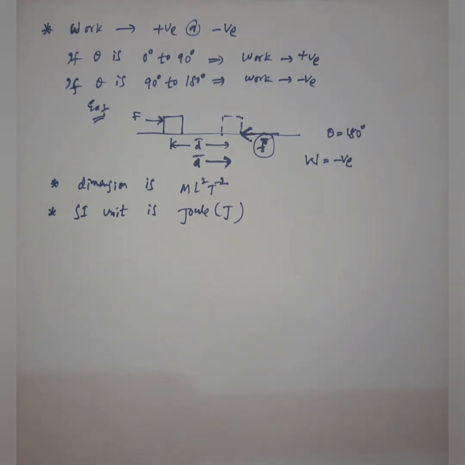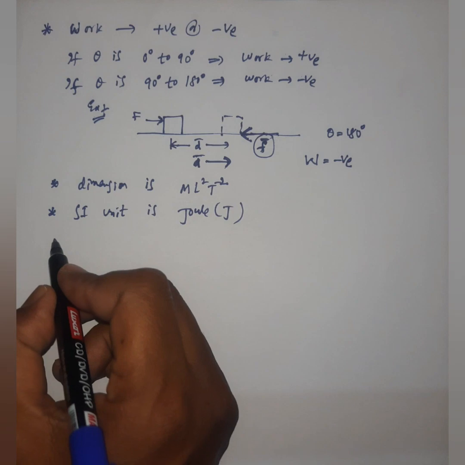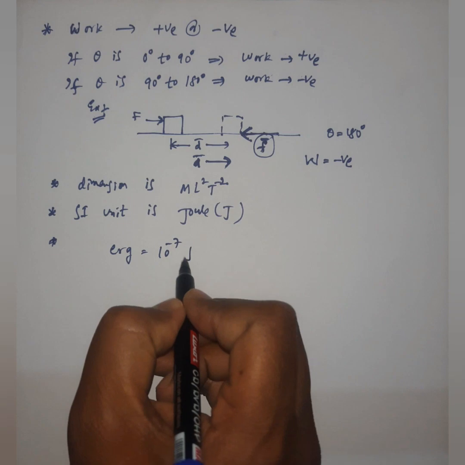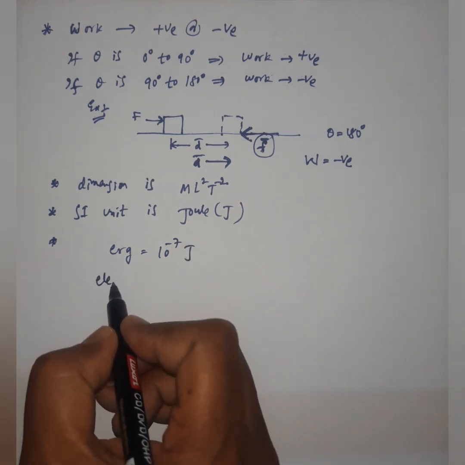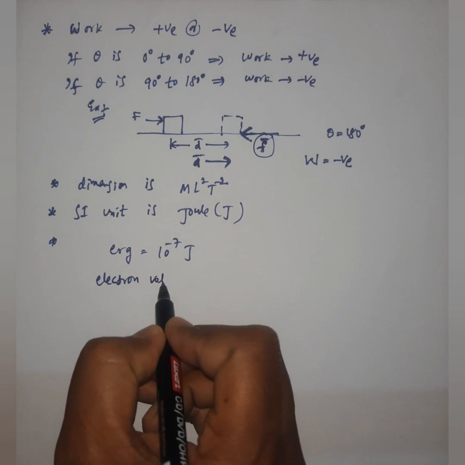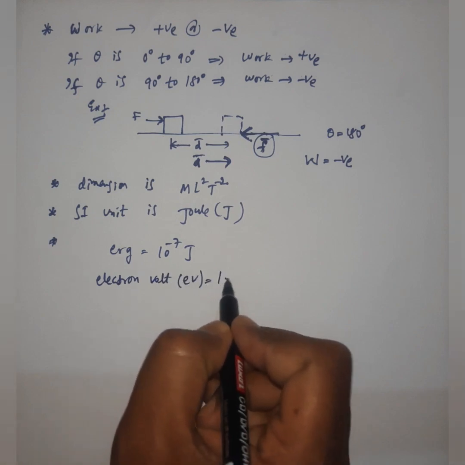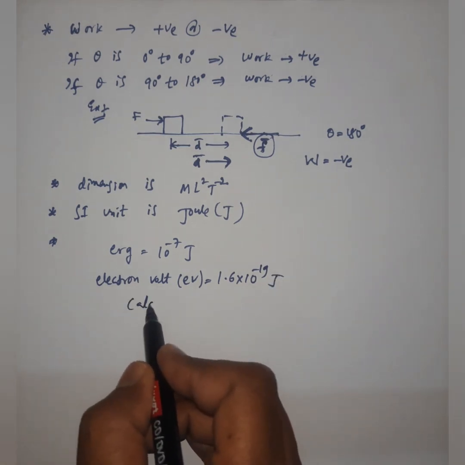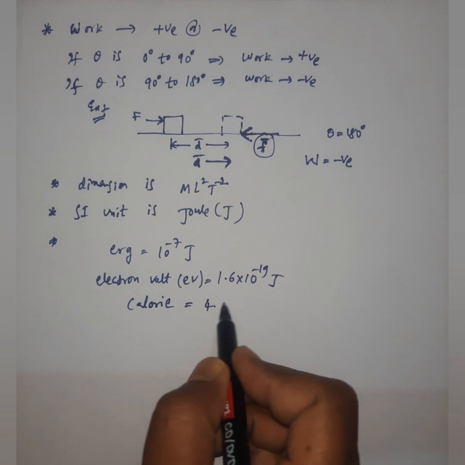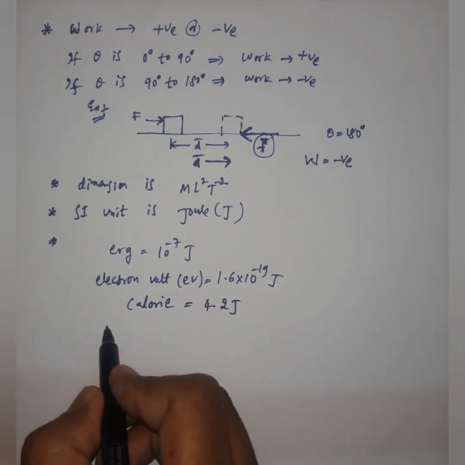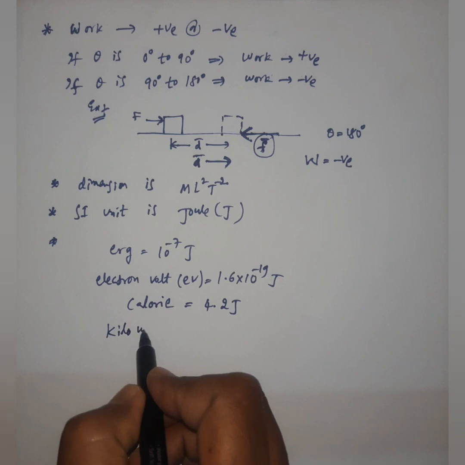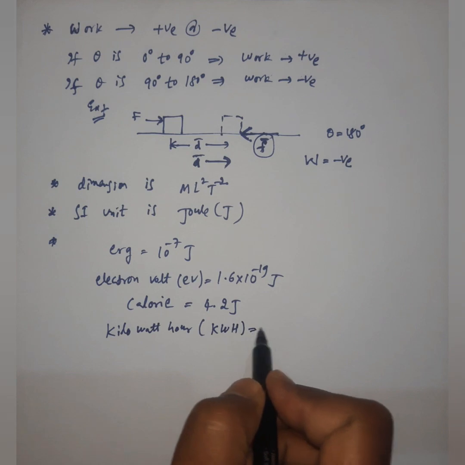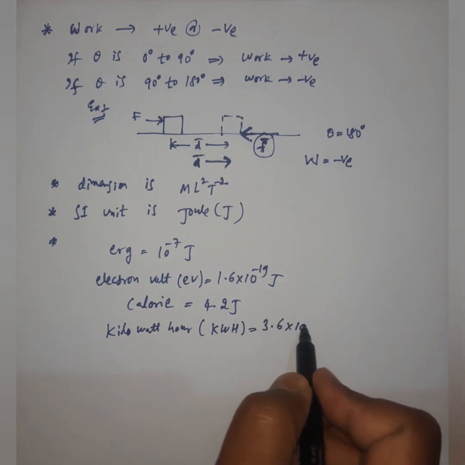Alternative units for work: 1 erg is equal to 10 to the power of minus 7 joule. 1 electron volt is equal to 1.6 into 10 to the power of minus 19 joule. 1 calorie is equal to 4.2 joules, and 1 kilowatt hour is equal to 3.6 into 10 to the power of 6 joules.